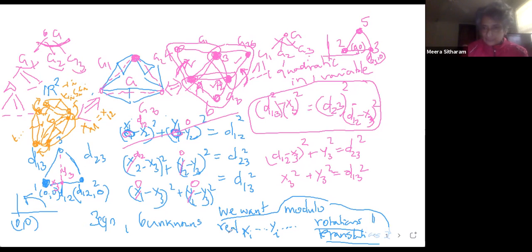Let's just go back to what we did, and let me draw this 3 rigid body picture. R1, R2, R3.